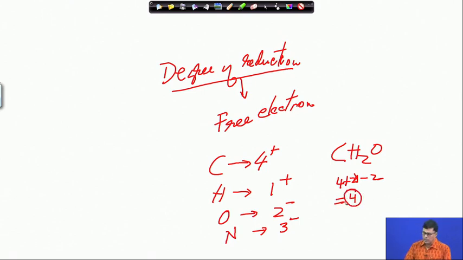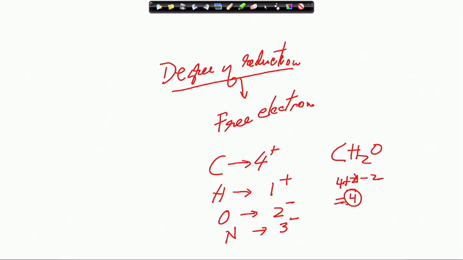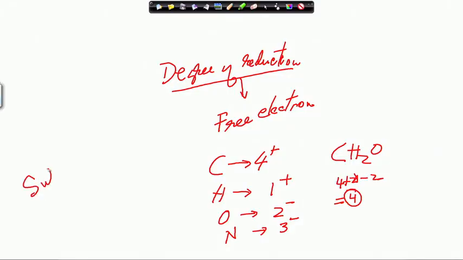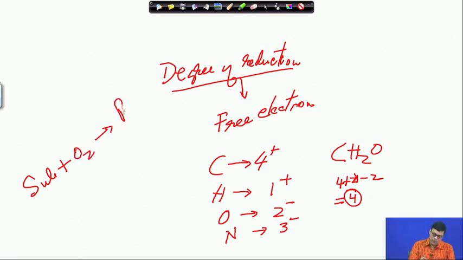So, degree of reduction basically deals with how much free electron is present in the particular substrate molecule. Now, for ammonia, carbon dioxide and water, we consider the degree of reduction is 0, that is, the free electron is 0. So, suppose we write an empirical equation like substrate plus oxygen gives the product or biomass, plus carbon dioxide.